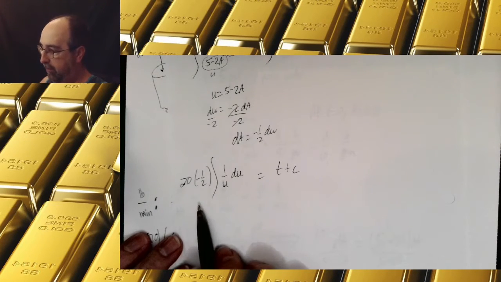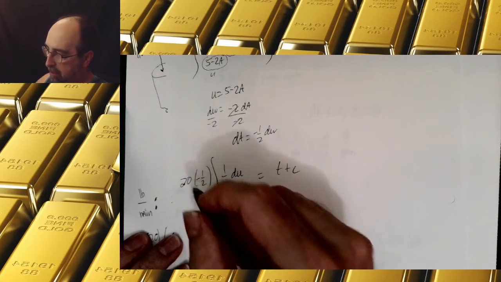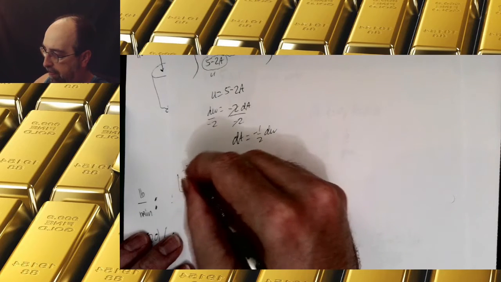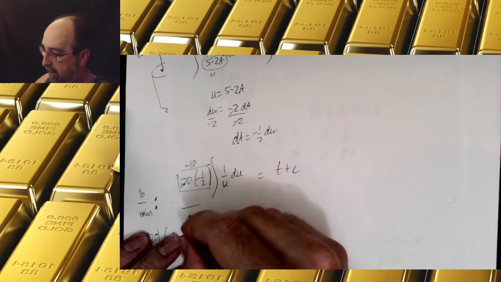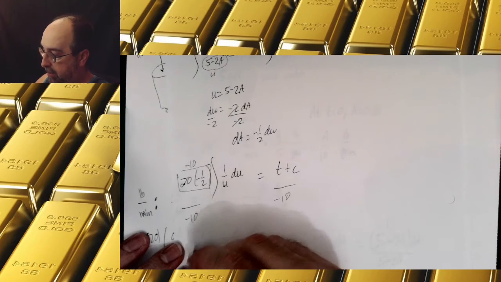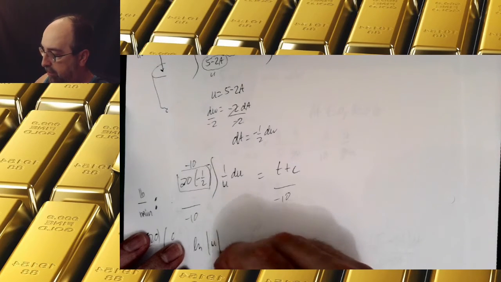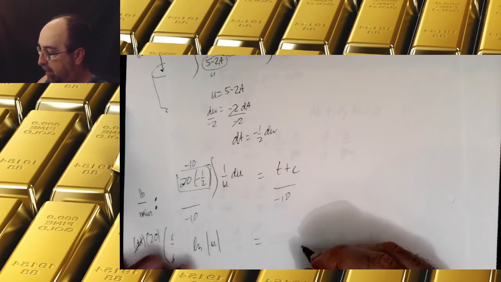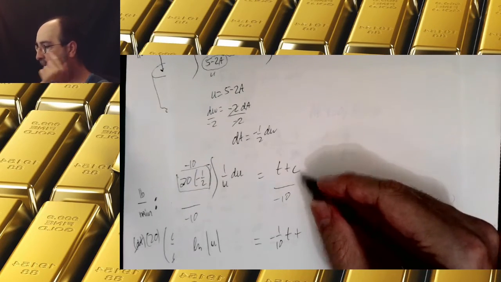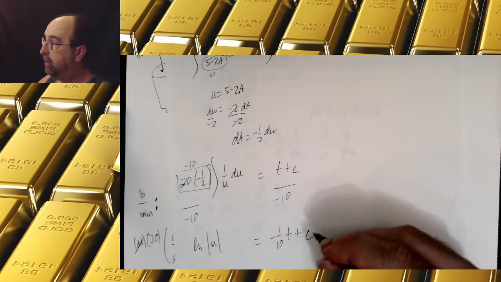And these numbers are bothering me. These multiply out to be negative 10. So I can divide by negative 10 on both sides. So what I get is the ln of the absolute value of u is equal to negative 1/10 t plus, now this would be negative c over 10, but that's just some other c.